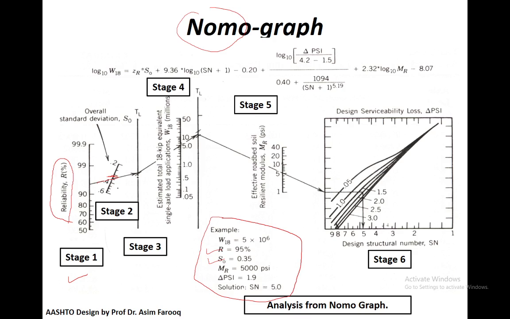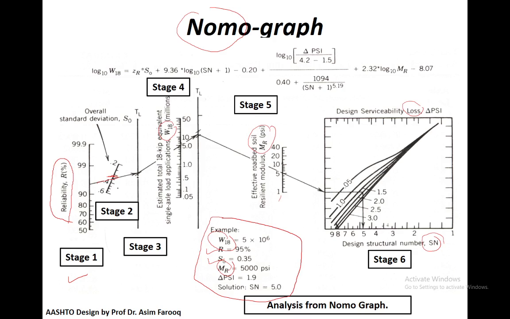Then the third stage is to select the SN value, and then we have the estimated ESAL, and then we have the effective roadbed soil, which is determined on the basis of the resilient modulus. And then in stage number 6, we can select the structural number, which we can compare with the design serviceability losses.